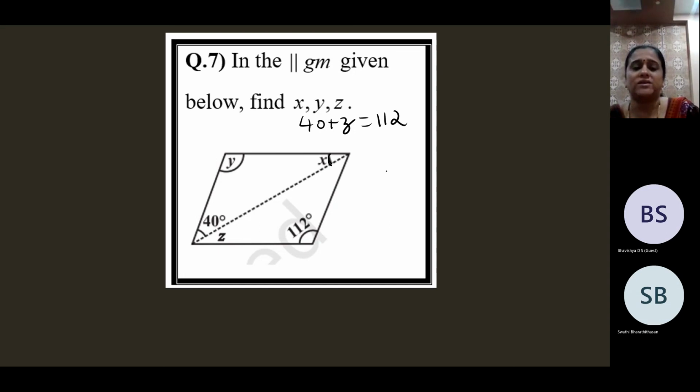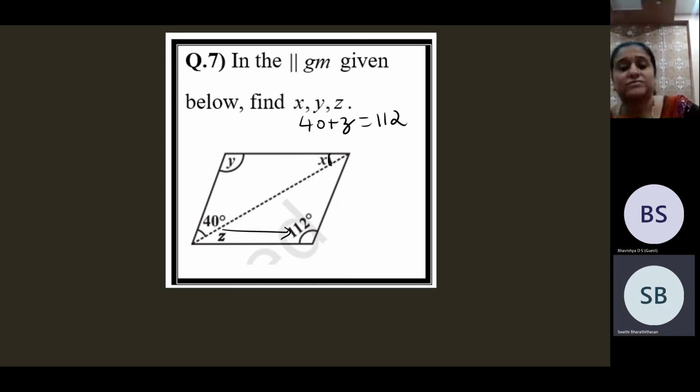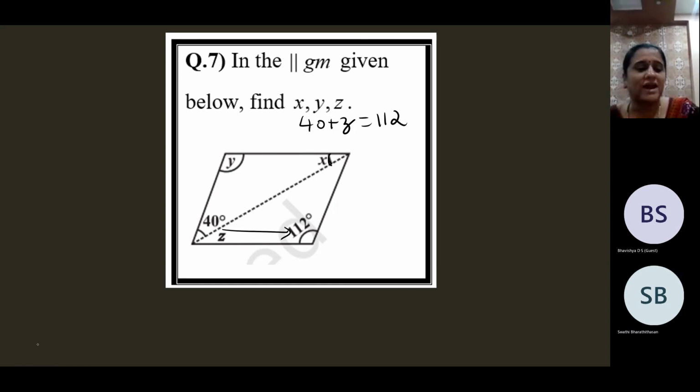Adjacent angles are equal, right? Adjacent angles are not equal. Oh, I thought the opposite angles are equal. Actually, I was confused with opposite and adjacent, ma'am. What is the property between adjacent angles? They add up to 180, ma'am. Yeah, they add up to 180.